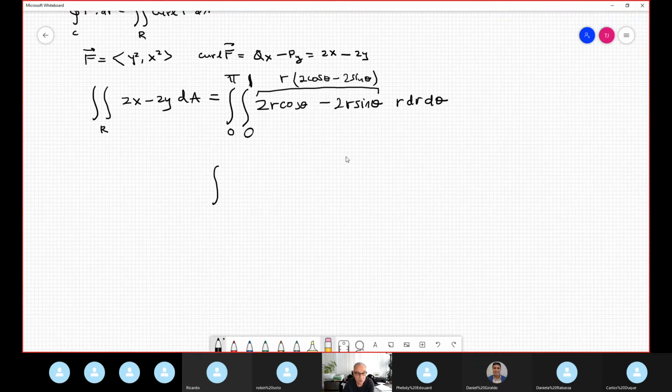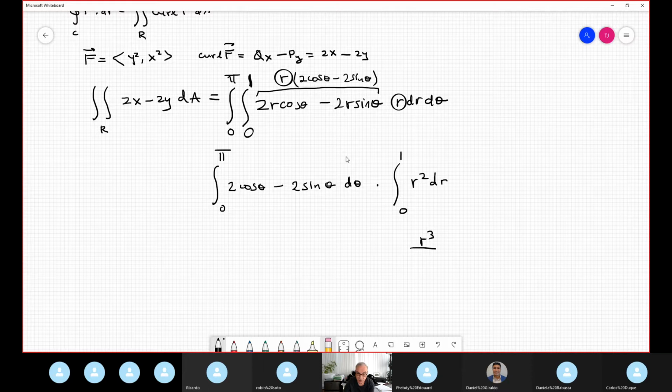So we can integrate with respect to theta separately from r: the integral of 2 cosine theta minus 2 sine theta d theta, multiplied by another integral from 0 to 1. Obviously it is r squared dr, because we have one r here and another r from the Jacobian, together r squared. That part is easy. This is r cubed divided by 3, evaluating between 0 and 1. It's obviously 1/3.